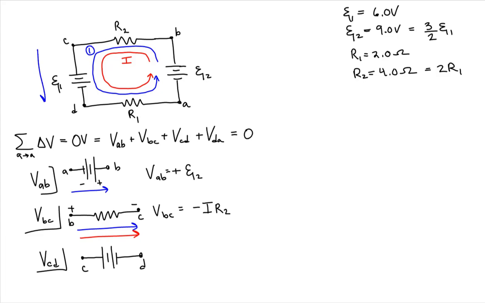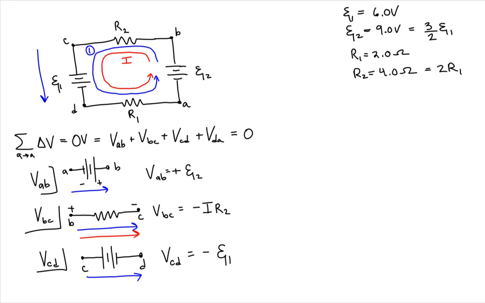So here is the direction we're analyzing. And that analysis direction going from the positive terminal to the negative terminal means that the potential difference from C to D across battery 1 is a negative change.